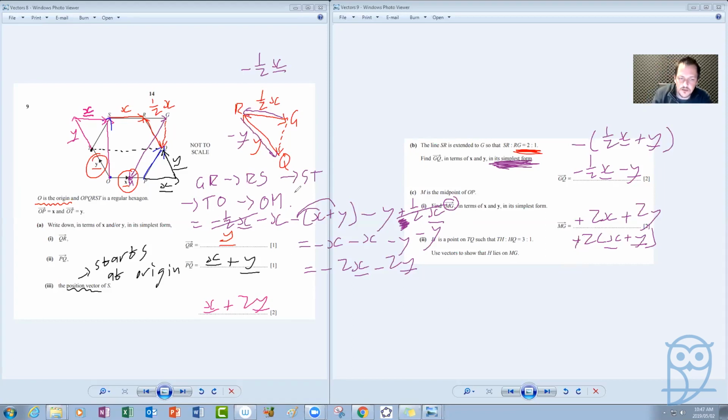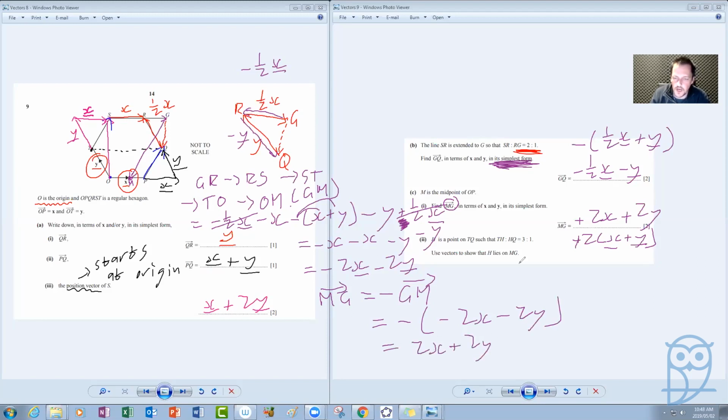All right, so this is GM, but if we want MG, it is going to be the negative of GM, which is minus 2X minus 2Y, which makes 2X plus 2Y. Make sure you answer the question and don't fall into the trap that I just fell into.